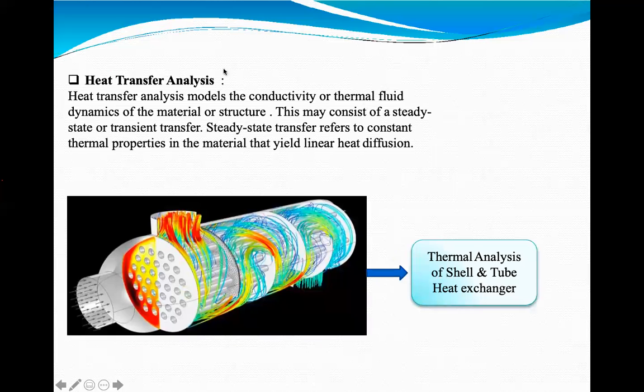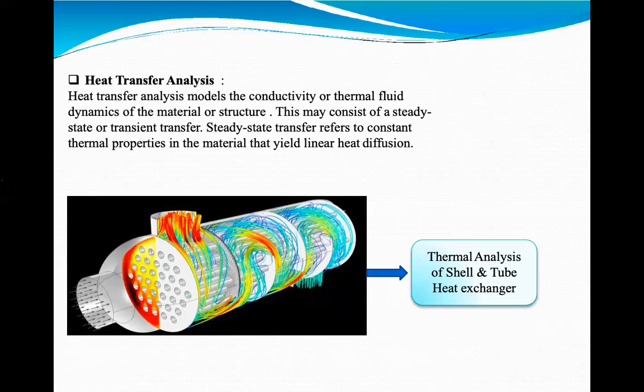The next type of analysis is heat transfer analysis. In the heat transfer subject we study simple cases, like one-dimensional steady state heat transfer. But in reality this will not be the case. We might have problems with non-steady or transient heat transfer.